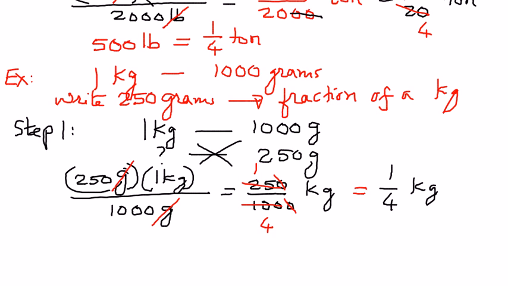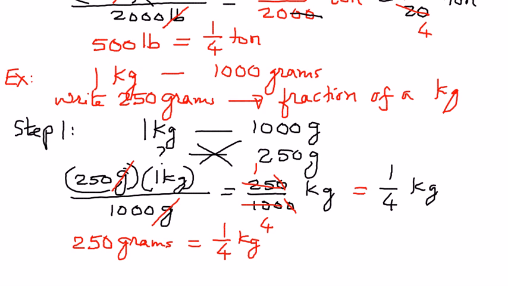So 250 grams is 1/4 of a kilogram. We can come back here and write this out as follows: 250 grams is equal to 1/4 of a kilogram. That is our answer. That is the way we want to apply some of the concepts we have to write some of these quantities in terms of fractions.